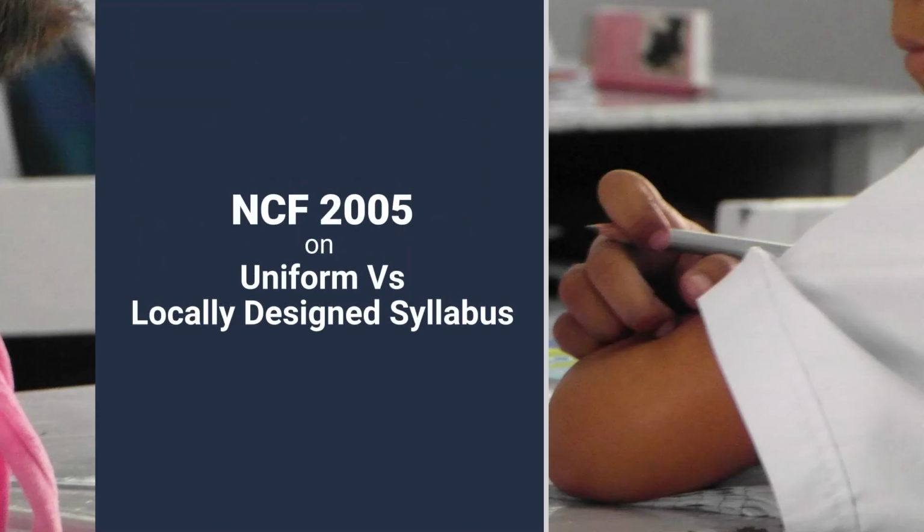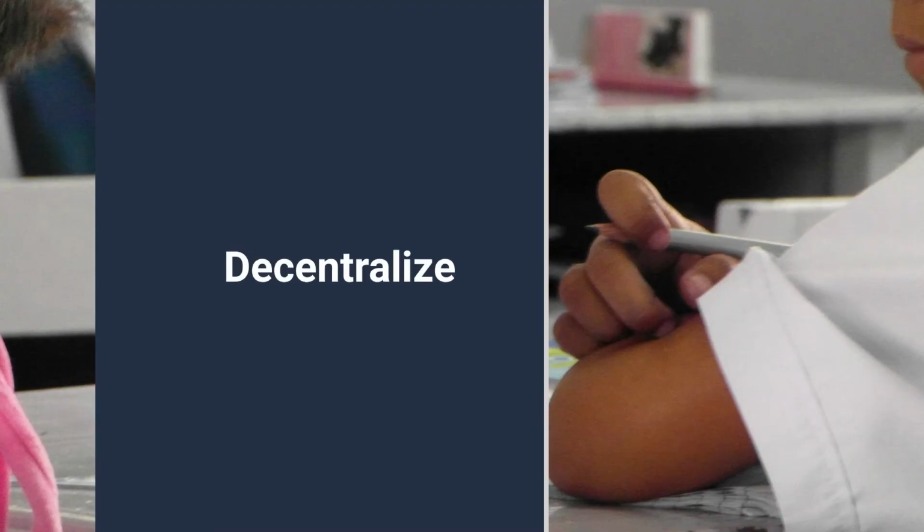Then further, keeping in consideration uniform versus locally designed syllabus, NCF 2005 recommended certain aspects. So that is decentralization, meaning how to decentralize the curriculum from the National Curriculum Framework to a state level curriculum. So that is also given importance.